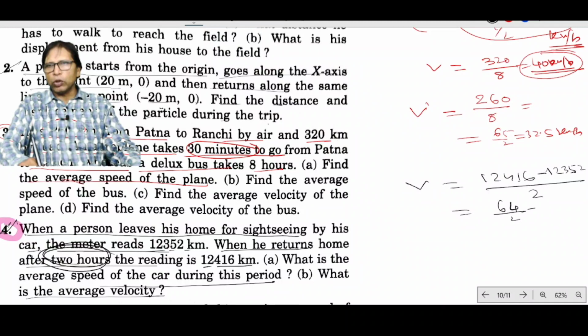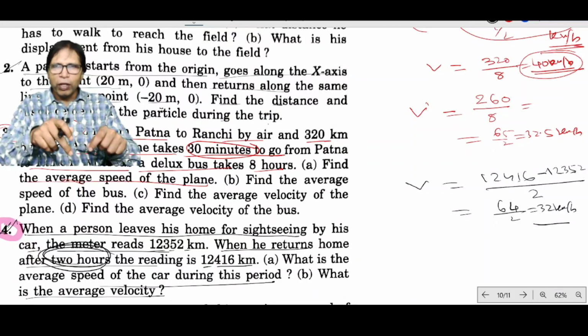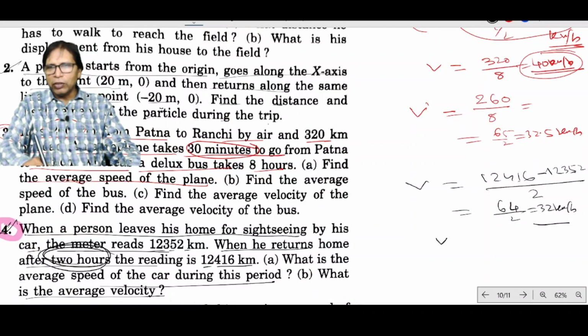So 64 by 2, this is 32 kilometer per hour, the average speed. And what is the average velocity? As the initial and final position of the person is same, that is at the home, the average velocity equals 0.